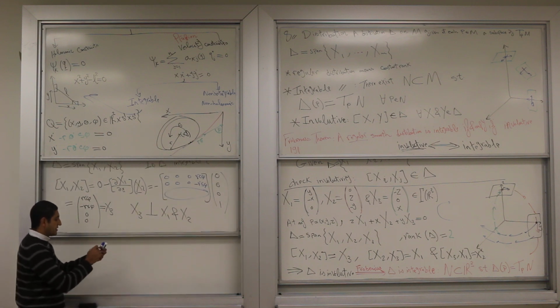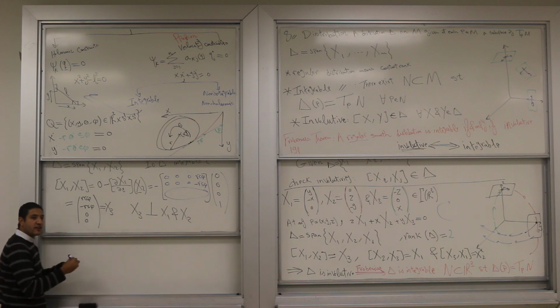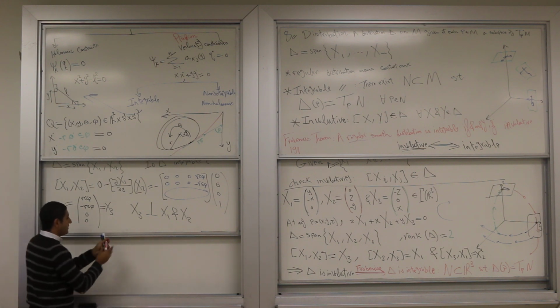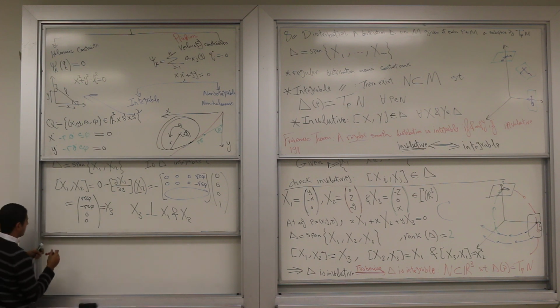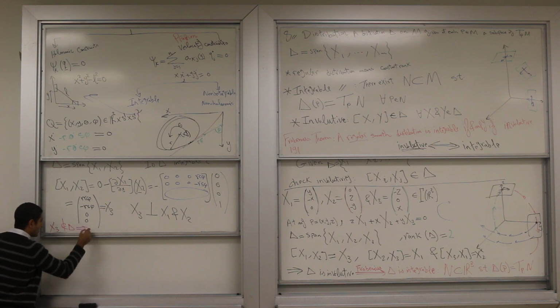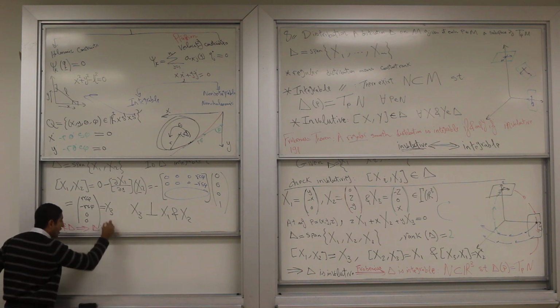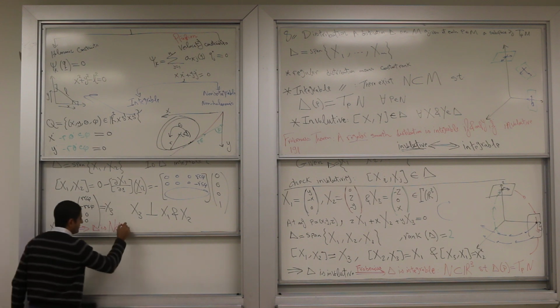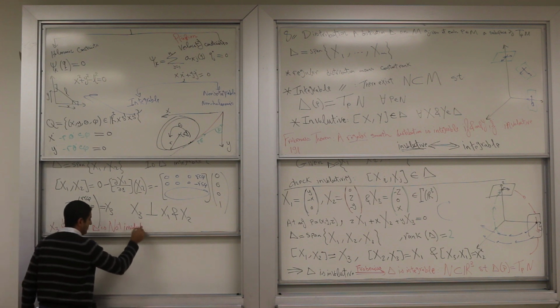To make things formal in writing, x3 is not in delta, meaning that delta is not what? Involutive, very good. Delta is not involutive.